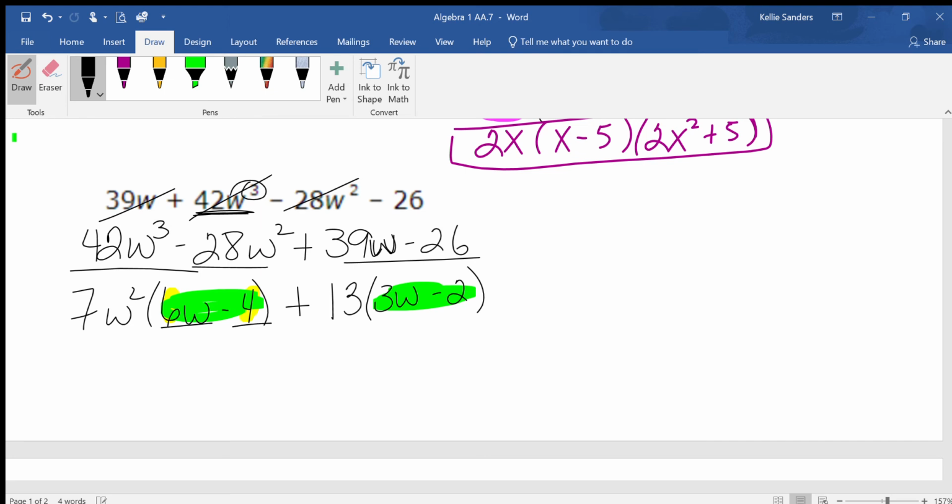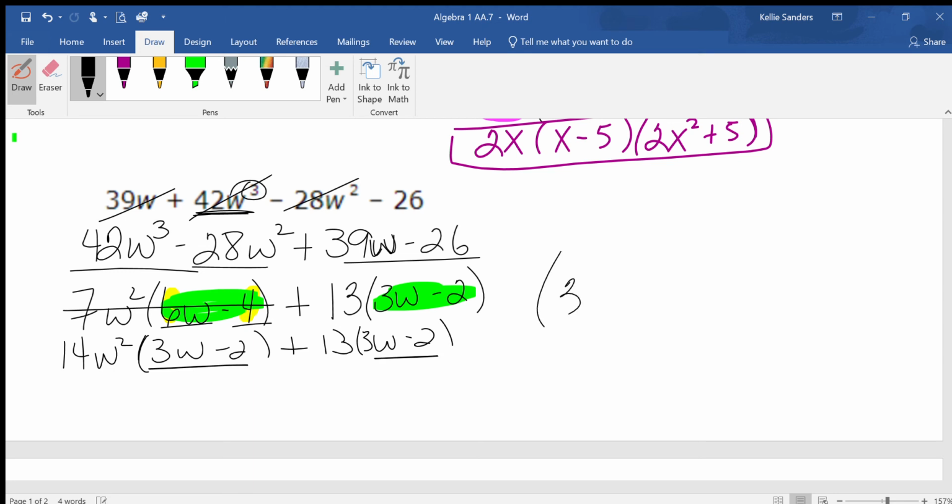So I should have taken out twice as much as the 7. So I should have taken out a 14. And that would have given me 3W minus 2. Same thing. So 3W minus 2, 14W squared plus 13.